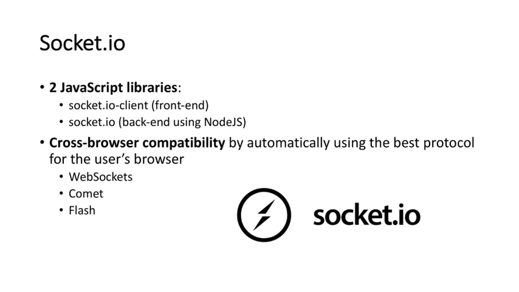The cross-browser compatibility issue is addressed by using fallbacks, where Socket.io will select the best protocol to use based on the user's browser. So that may be WebSockets if it's supported. If it's not supported, then it may use Comet, Flash, or another alternative protocol.